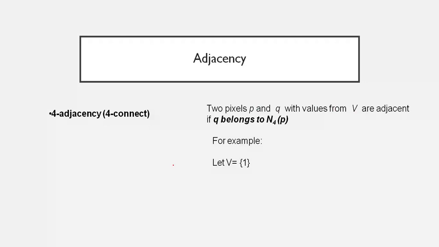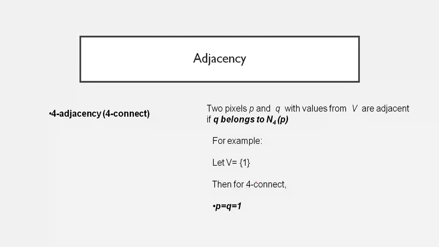We have defined our set V as 1. So for two pixels P and Q to be connected, they both should belong to this set V. That is, they should have a value of 1 because our set V just has one value, which is 1, and Q should belong to four neighbors of P.